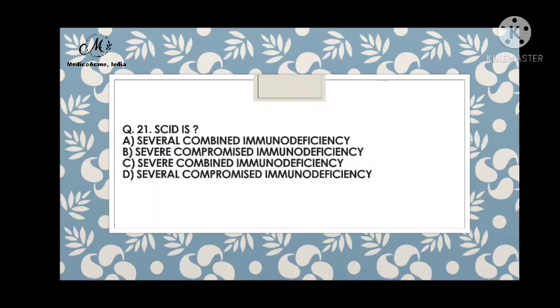So the answer is C, severe combined immunodeficiency. Nothing to remember, just remember severe combined immunodeficiency. These types of abbreviations you have to learn by heart, you are not going to use your brain here, just in flow you are going to answer.